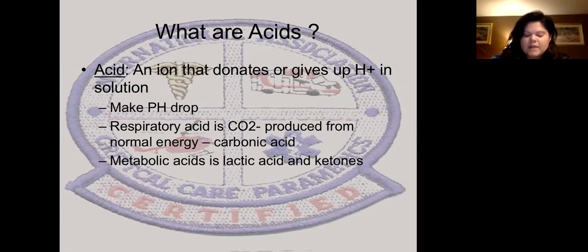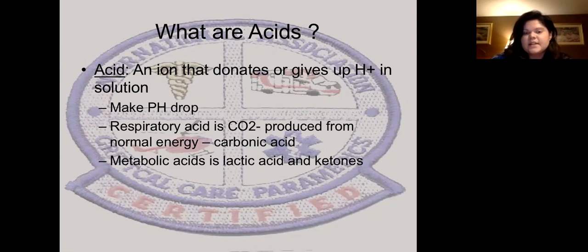Anything that's unstable is going to want to react with most substances to obtain an electron. So it's an inverse measurement of the number of hydrogen ions in a substance. So the more ions you have, the lower the number is going to be. These are going to be what makes your pH drop.